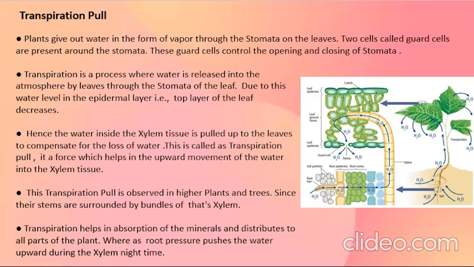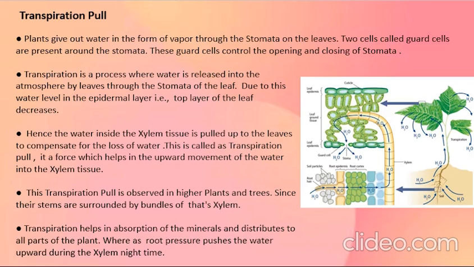Transpiration is a process where water is released into the atmosphere by leaves through the stomata on the leaf. Due to this, the water level in the epidermal layer, epidermal meaning the top layer of the leaf, decreases. Hence the water inside the xylem tissue is pulled up to the leaves to compensate for the loss of water.